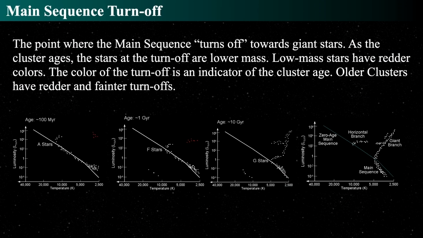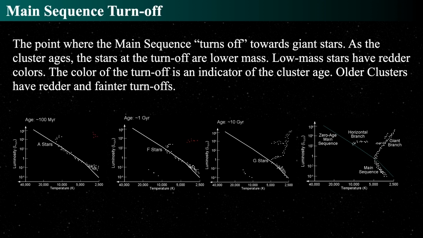So the main sequence turn-off point is really important because the main sequence turns off towards the giant stars. The main sequence turn off indicates the age of the cluster, and as a cluster ages, the stars turn off at the high masses. So it goes from the high mass turnoff point to the low mass turnoff point.